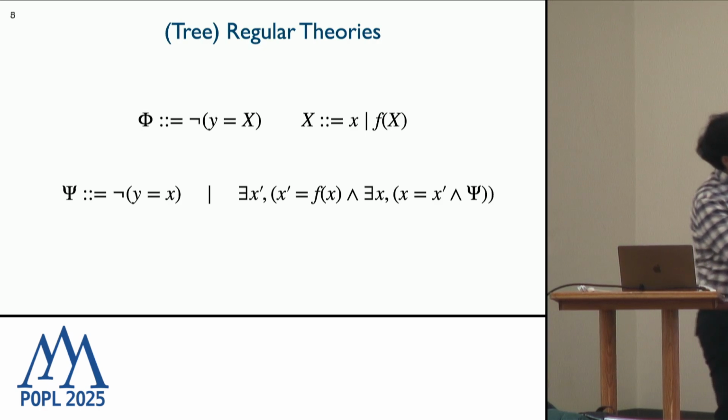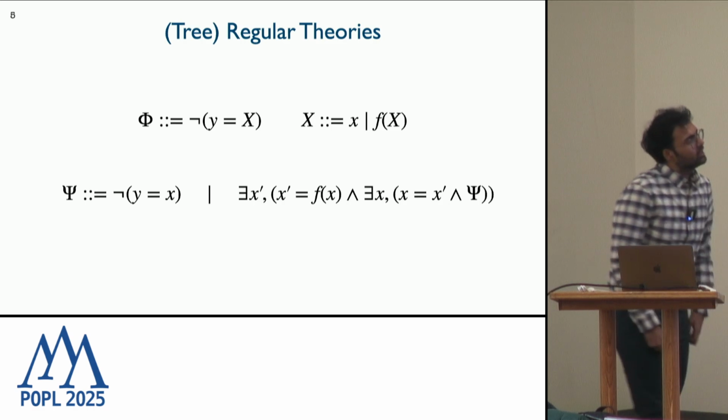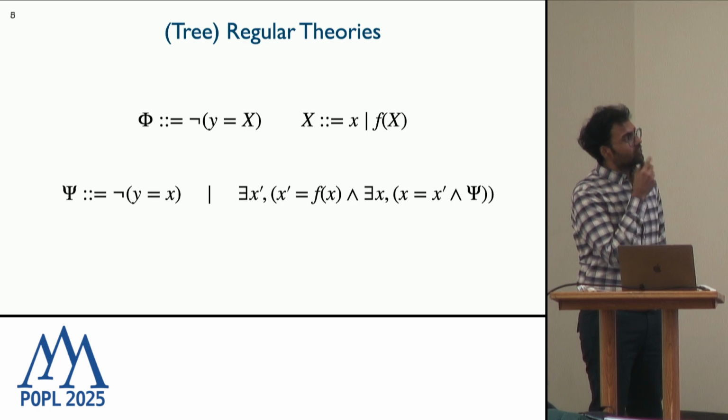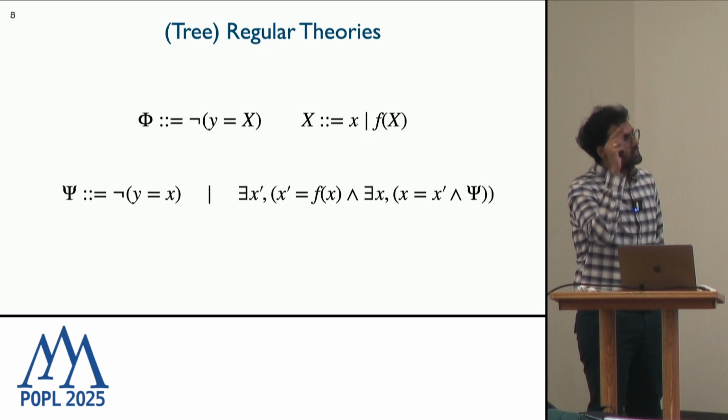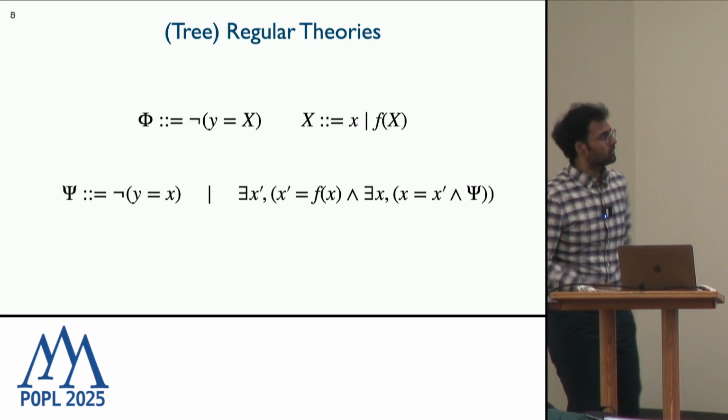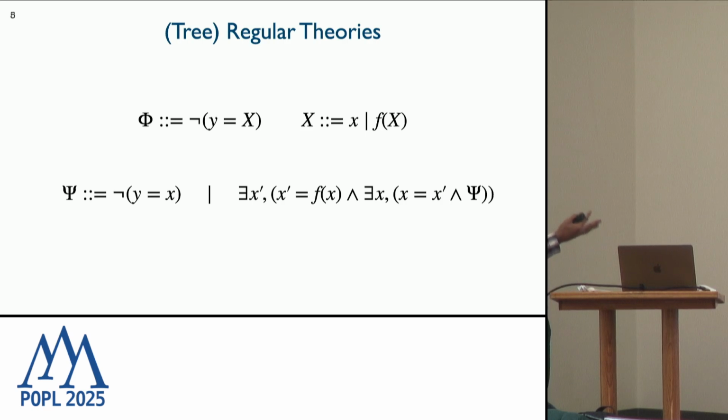Over here, the first language is the set of all formulae of the kind y is not equal to f^n(x), where n can be any number from 0 to infinity. Likewise, the second language is a representation of something more complicated.